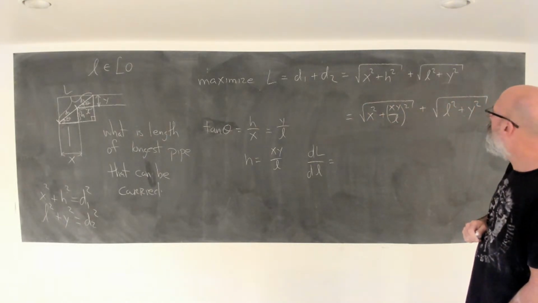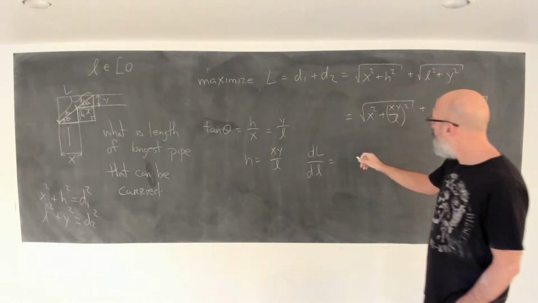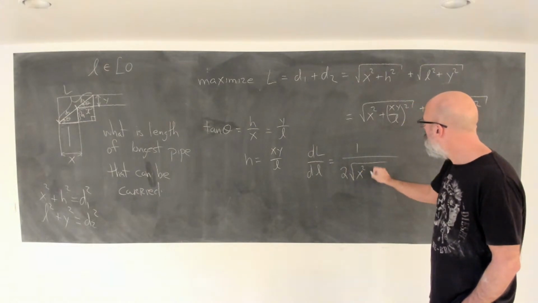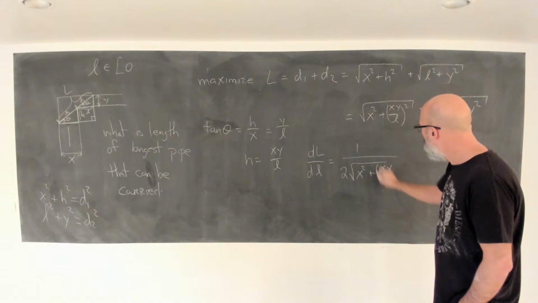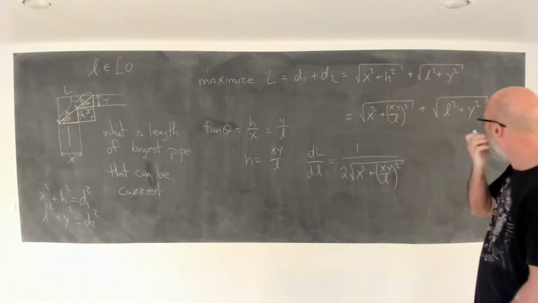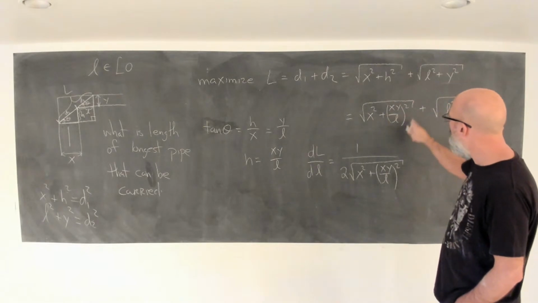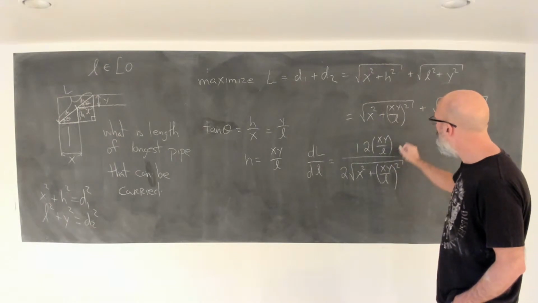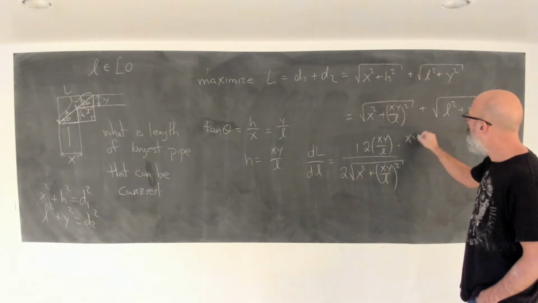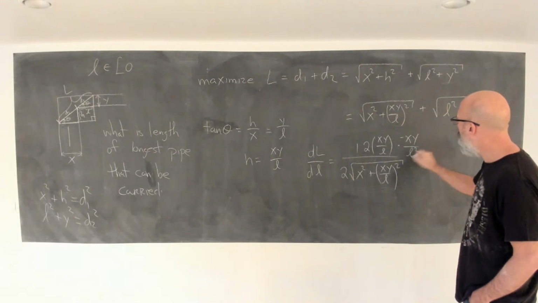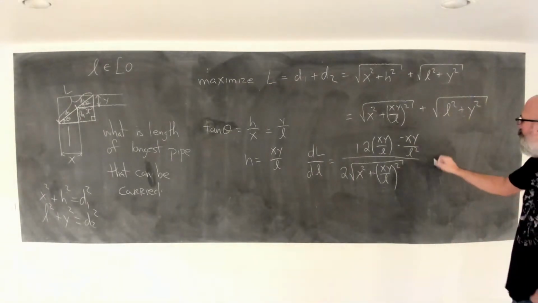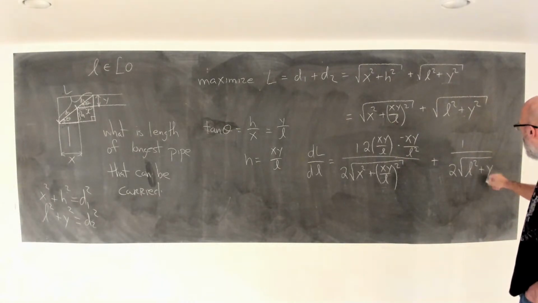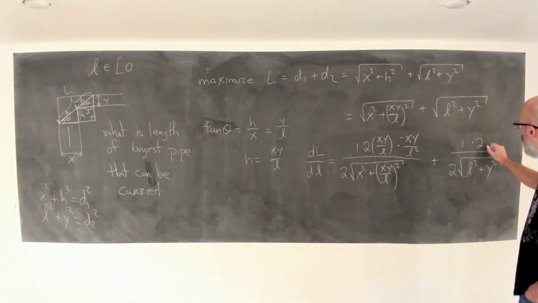Take the derivative. What happens? Times the derivative of the inside, which is 2xy over L, times negative xy over L squared. Plus 1 over 2 square root. That seems very complicated.